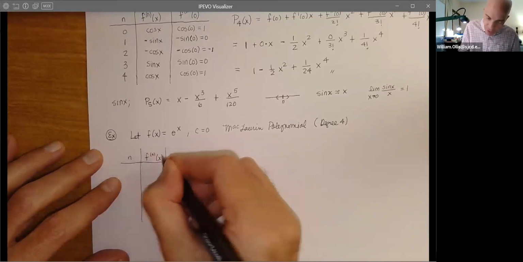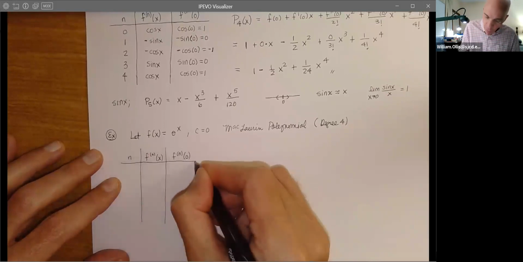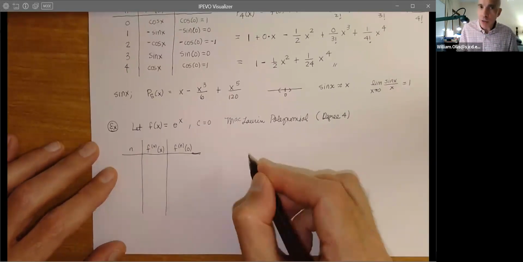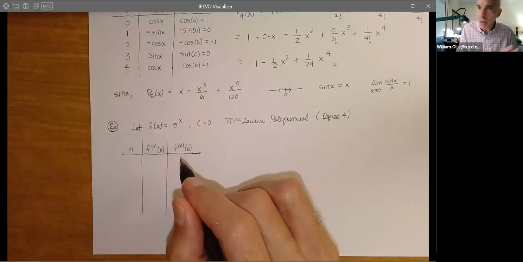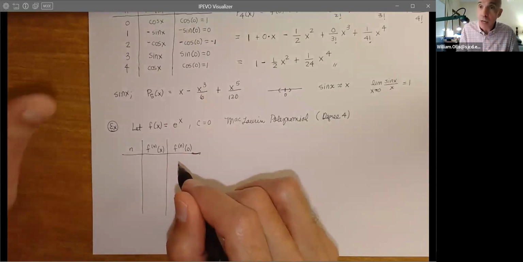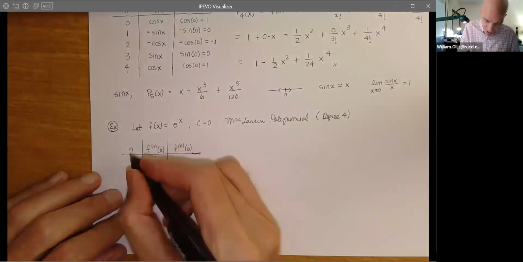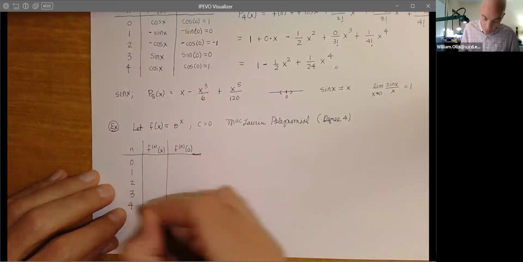Now remember, not all derivatives are this straightforward. So we bask in the joy of having simple derivatives here, but just remember, in some cases you may have to work a little harder, but you know what to do. I mean, the polynomial tells you what the coefficients are. So 0, 1, 2, 3, 4.